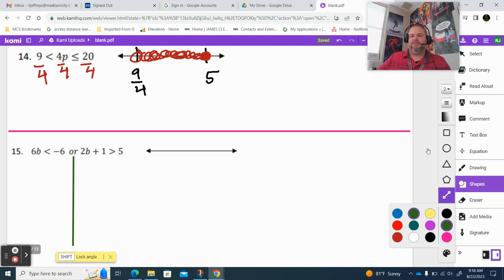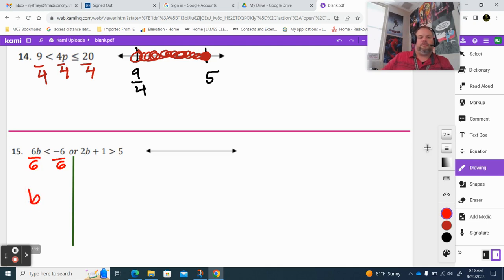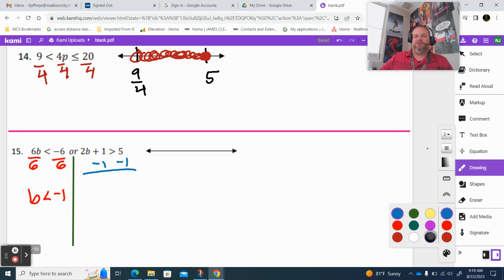Totally different. All right. So for this one, I'm going to divide by 6. I get b is less than -1. Then I'm going to subtract 1, subtract 1.